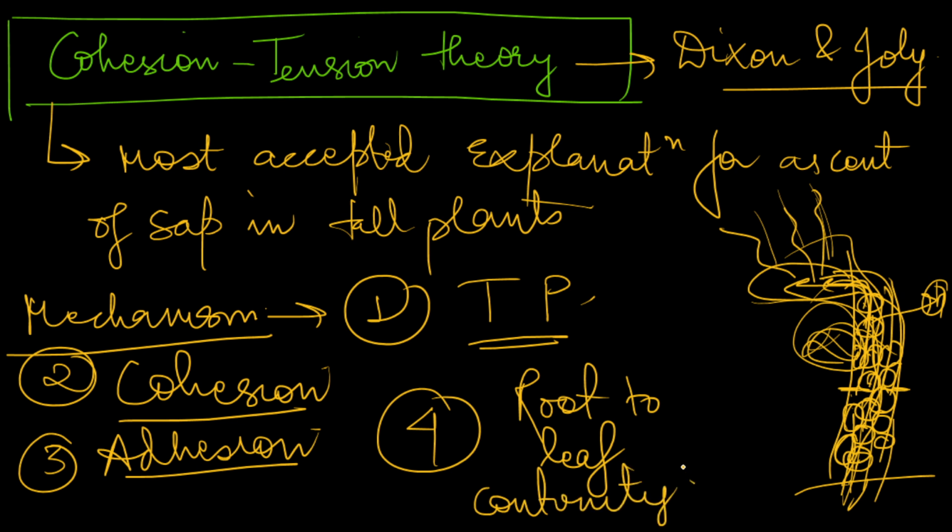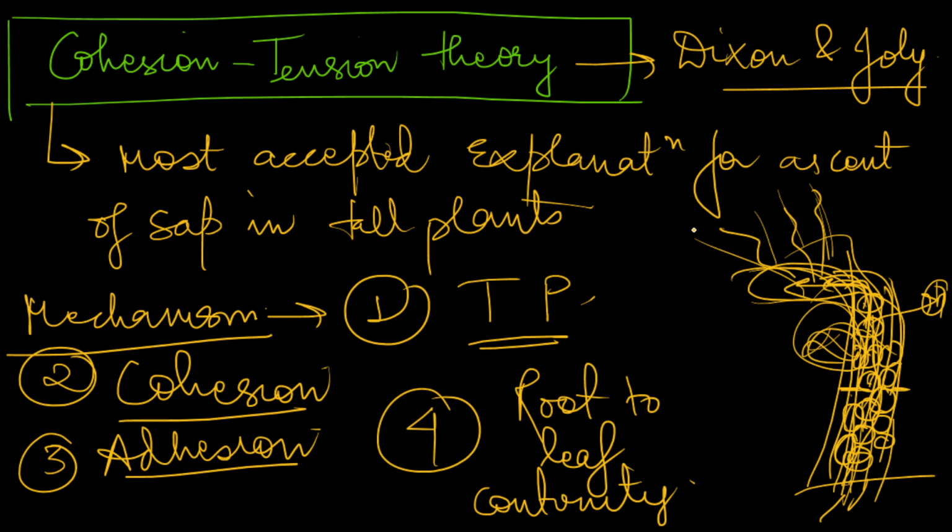The tension created by transpirational pull pulls water upward from the roots through the stem to the leaves in a continuous column. There is no discontinuity in this cohesion tension theory due to transpirational pull, cohesion and tension. So this is the mechanism of cohesion tension theory.